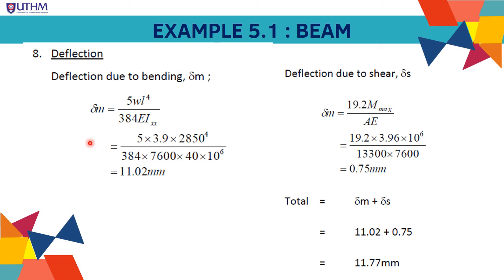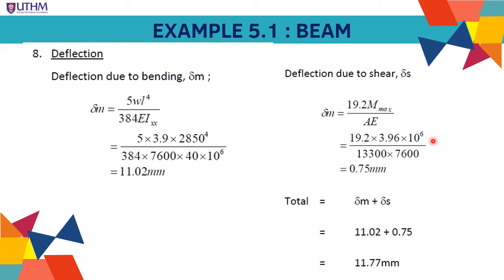For the deflection, we have to calculate what is the deflection due to the bending and what is the deflection due to the shear. Formula for deflection due to the bending at midspan is 5 WL to the power of 4 divided by 384 EI. So we solve this and we get 11.02 millimeter.